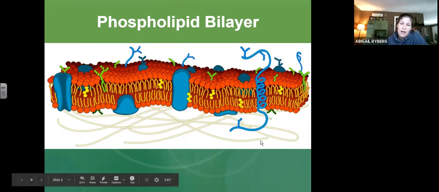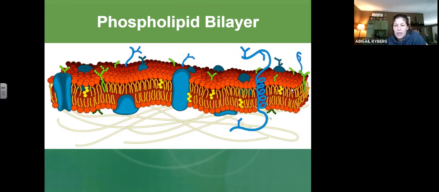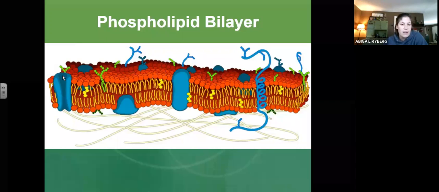Here's another diagram of the phospholipid bilayer. Remember, in this instance, the lipids themselves are these orange and yellowy shaped figures. There's a top layer here and then a bottom layer here. So that's the bilayer. And there's a lot going on here, but these big gold blue blobs are the proteins. The inside of those proteins is going to look like this right here.